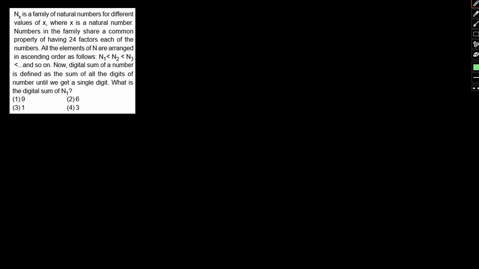So here it is said that a number, let the number be x, and it is of the form a to the power m into b to the power n into c to the power o into and so on. Now it is given that the number of factors is 24, so we can write (m plus 1) into (n plus 1) into (o plus 1) and so on.